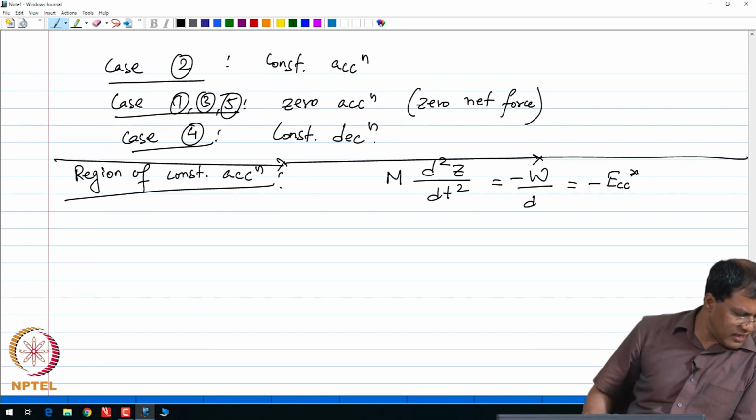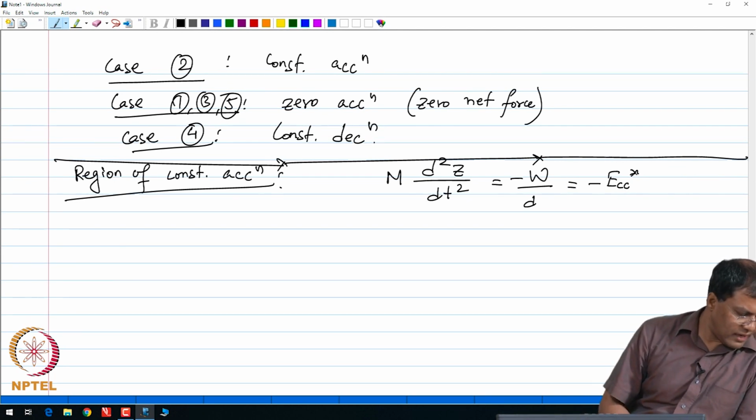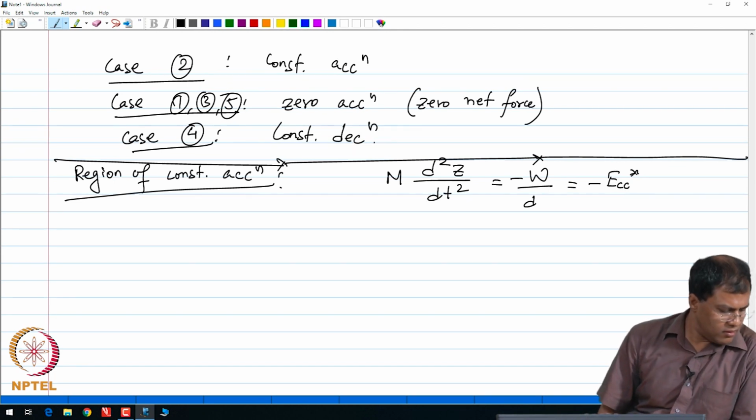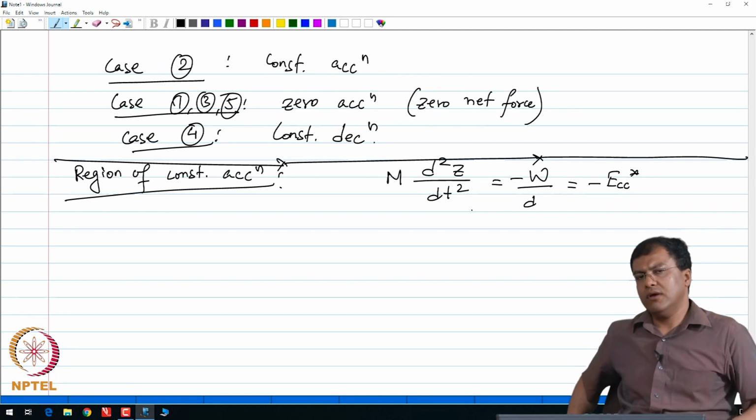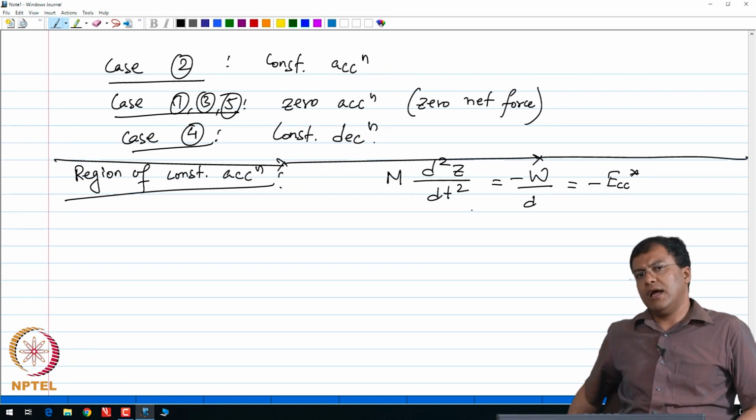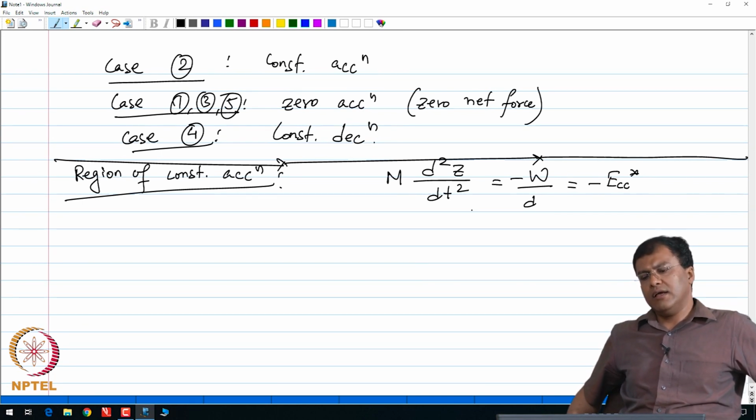So we just plug in ECC star. Notice that we need to integrate this equation twice to find z as a function of t, and to do that we also need the initial condition. We assume that in case 2 the inner nanotube starts with 0 velocity.